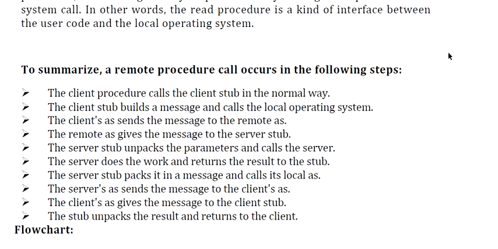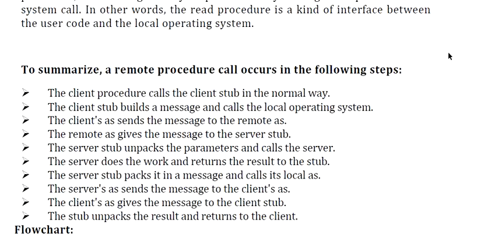To summarize RPC, we follow these steps. The client procedure calls the client stub in the normal way. The client stub builds a message and calls the local operating system. Then the client OS sends the message to the remote machine. The remote OS gives the message to the server stub.